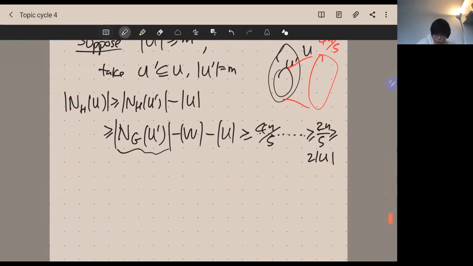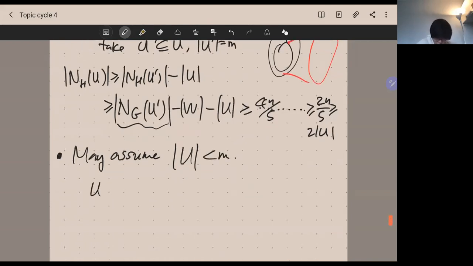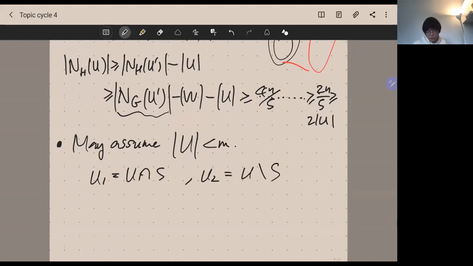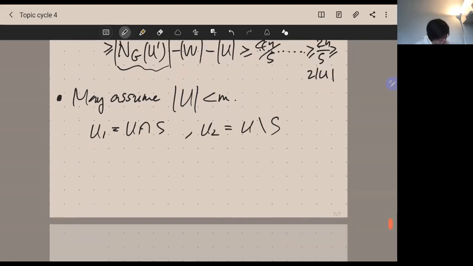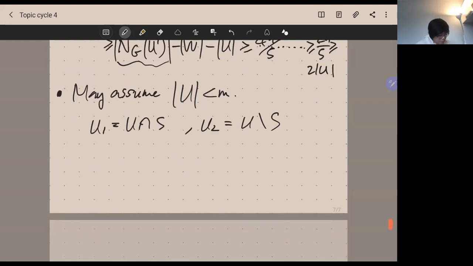Okay. So this is also the easy part. We're almost done. So that means we may assume U is small. Now we cut it up as we discussed. U is split into small degree vertices and large degree vertices. U2 is the large degree vertices. Then we have our inclusion exclusion, but slightly different from the hand-waving part because we further remove some sets.